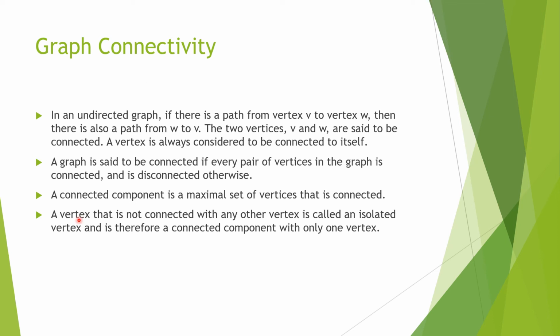A vertex that is not connected with any other vertex is called an isolated vertex. So if you have a vertex that is not connected to any other vertices in that graph, then we call that vertex an isolated vertex, and therefore that isolated vertex would be a connected component by itself with only one vertex, because you cannot add vertices to it and keep it still connected.